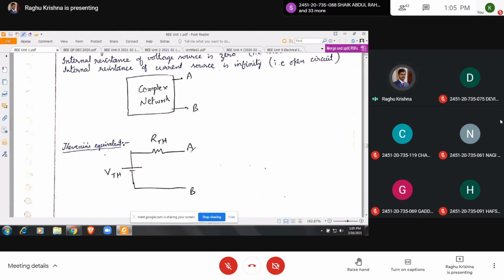Here again we have the terminals. So these boxes are replaced by VTH and RTH. This complex network consisting of a number of voltage sources, current sources, resistances can be replaced by a simple equivalent circuit consisting of a single voltage source in series with the resistance RTH.